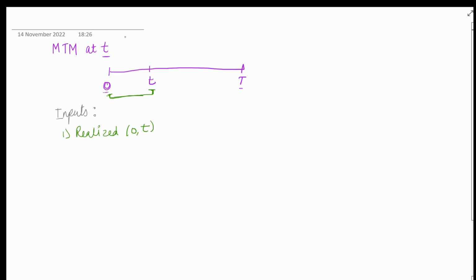Then we have the implied volatility. Implied volatility is the volatility we do not know, that is from point T to maturity in the future.